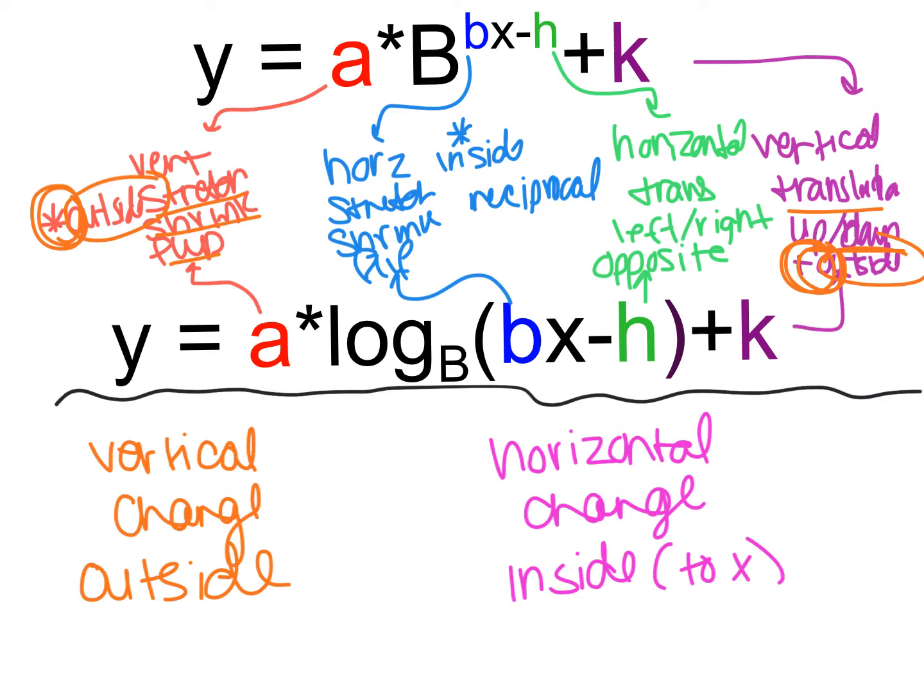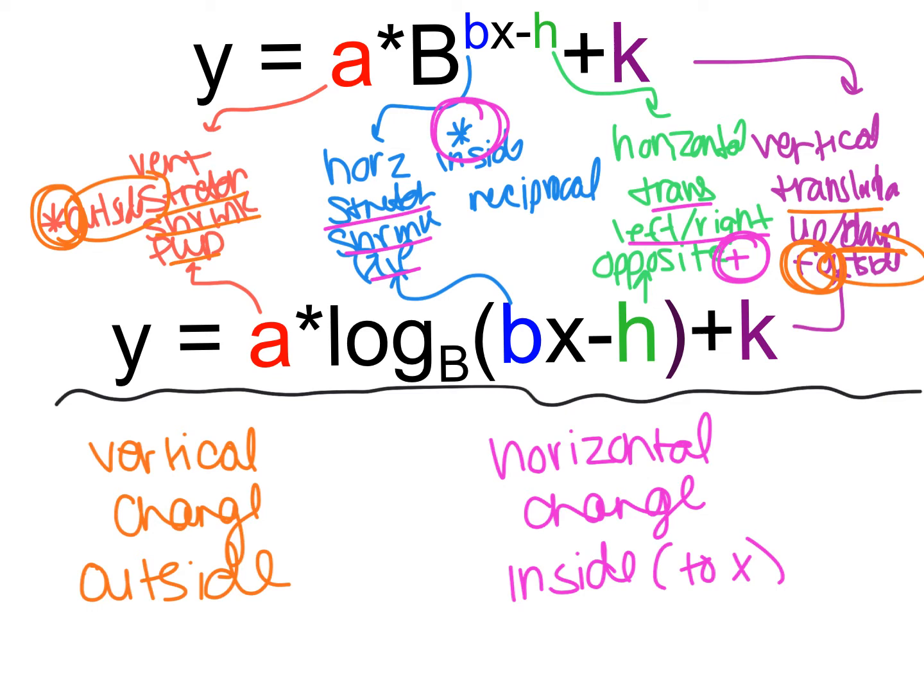And if something is on the inside, so a stretch, shrink, or flip, or a translation left or right, it then also applies just like the vertical ones. If it's a stretch, shrink, or flip, we're going to multiply on the inside. If it is a translation moving left and right, we're going to add on the inside.